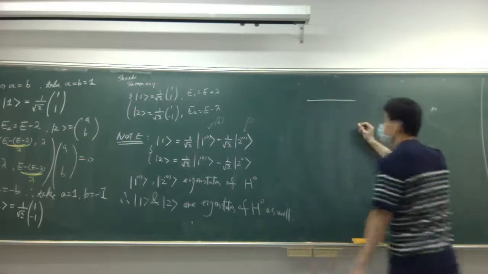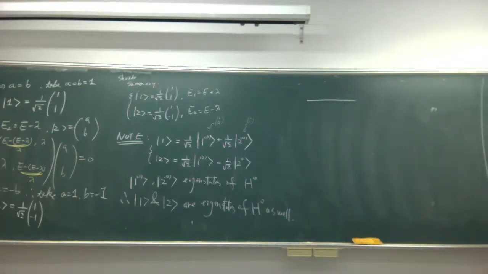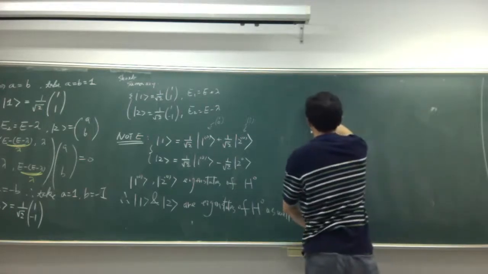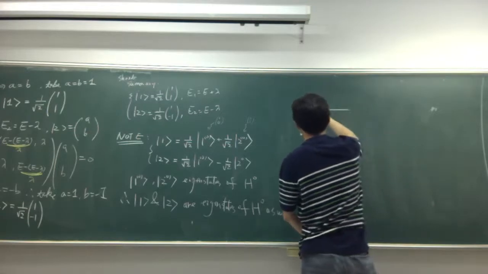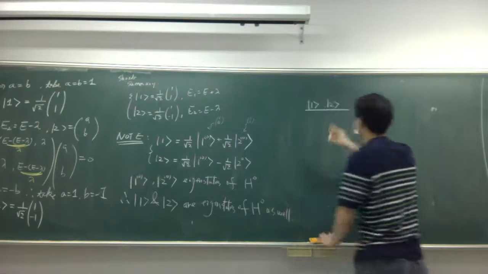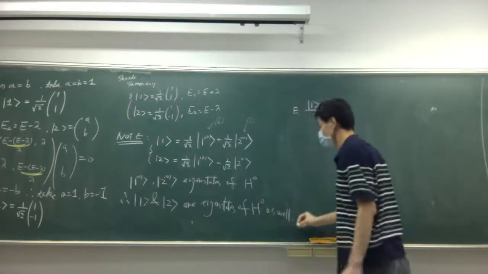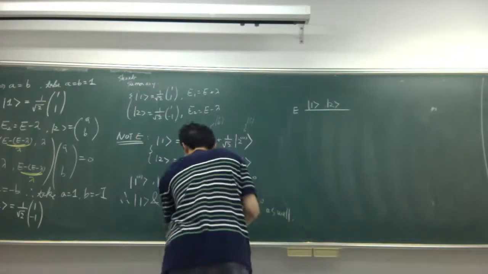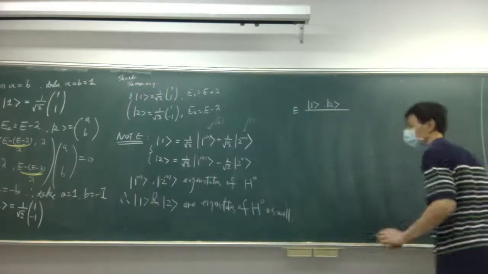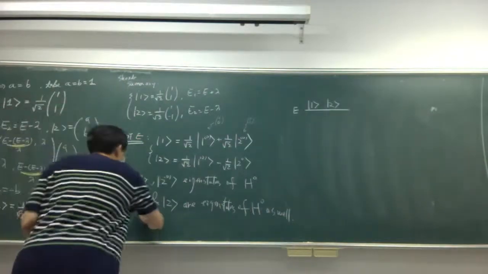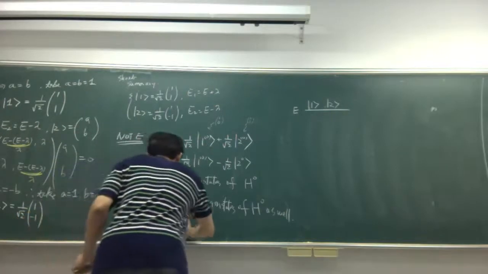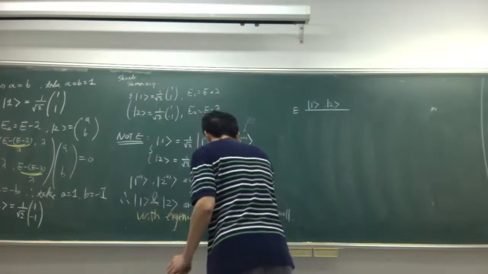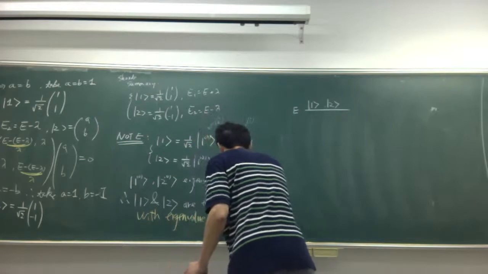So now we have, instead of using |1,0> and |2,0>, I can choose |1> and |2> over here, and this is E, of course, with energy eigenvalues E. And then this is degenerate.